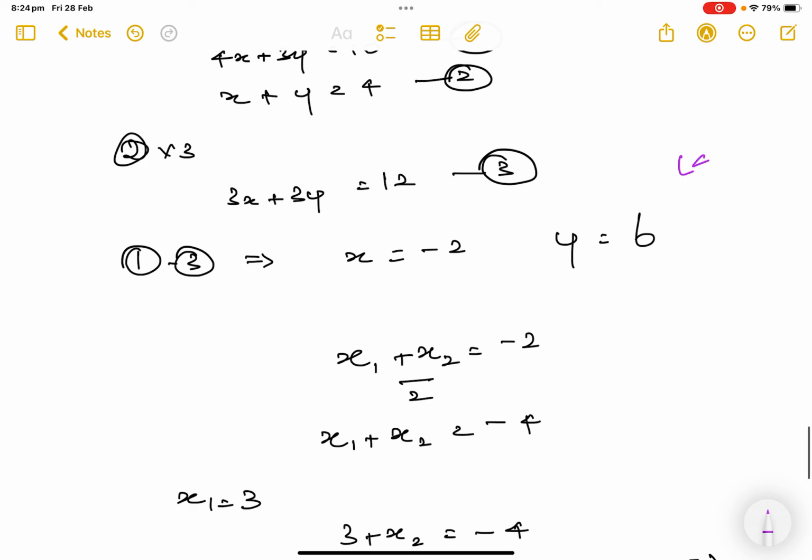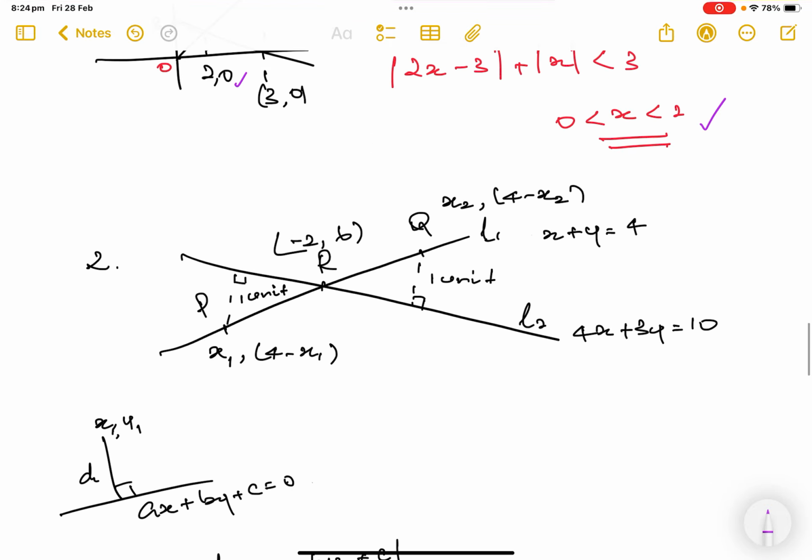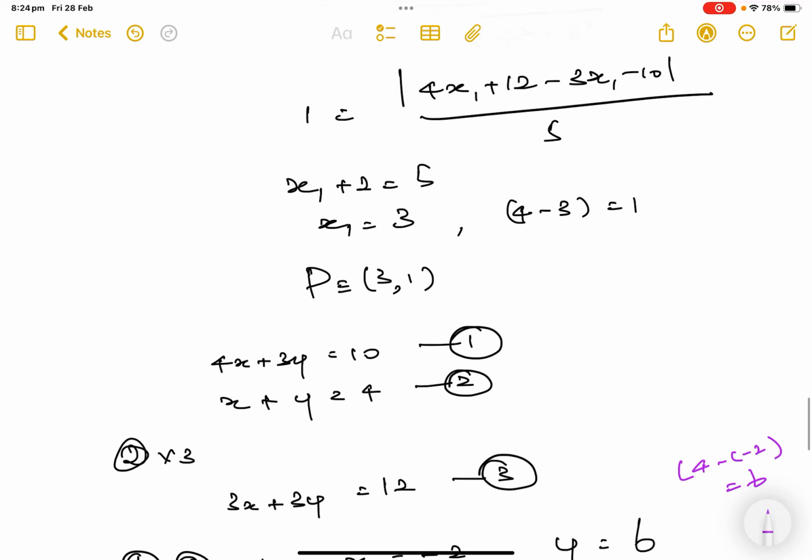So R is minus 2, 6. That is the point of intersection found, that's done.